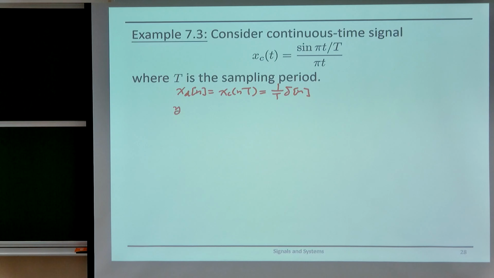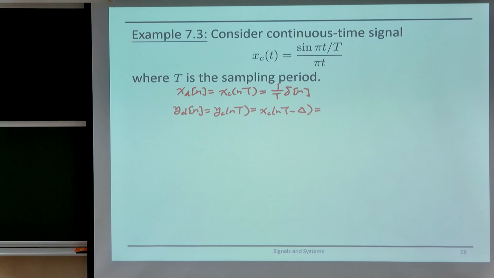And the discrete time sequence at the output is the sample of the continuous time output at integer multiples of capital T, which is a sampling of the time-shifted version of xc.